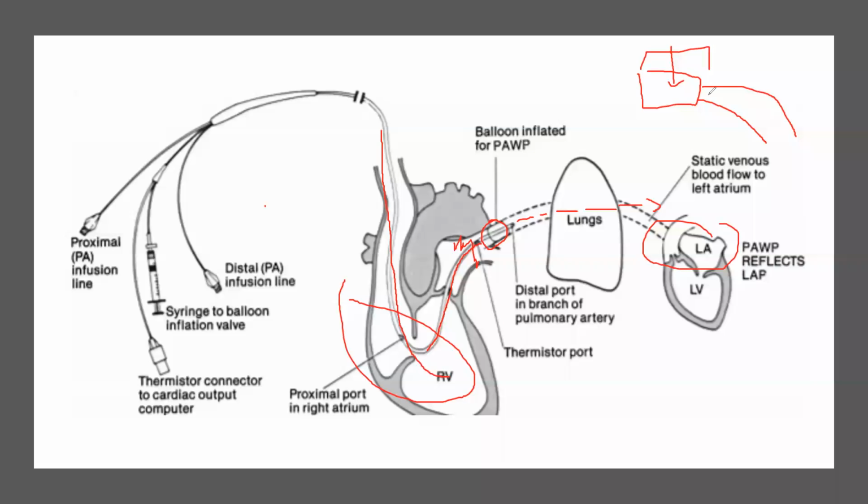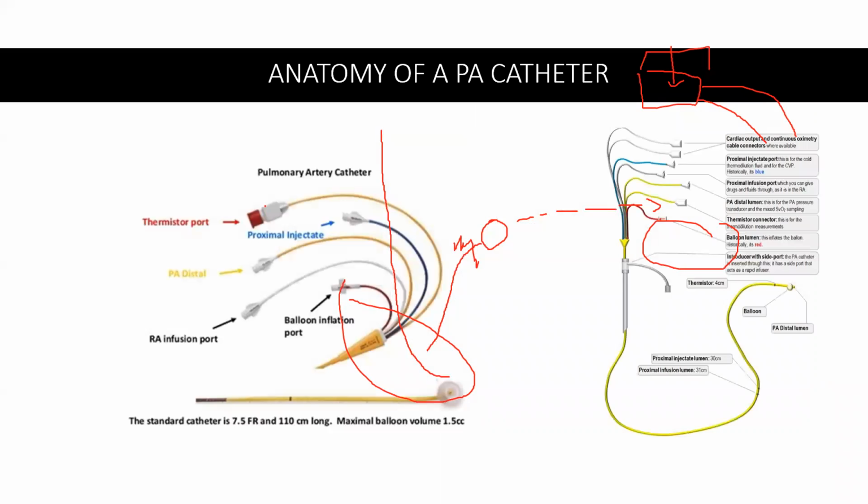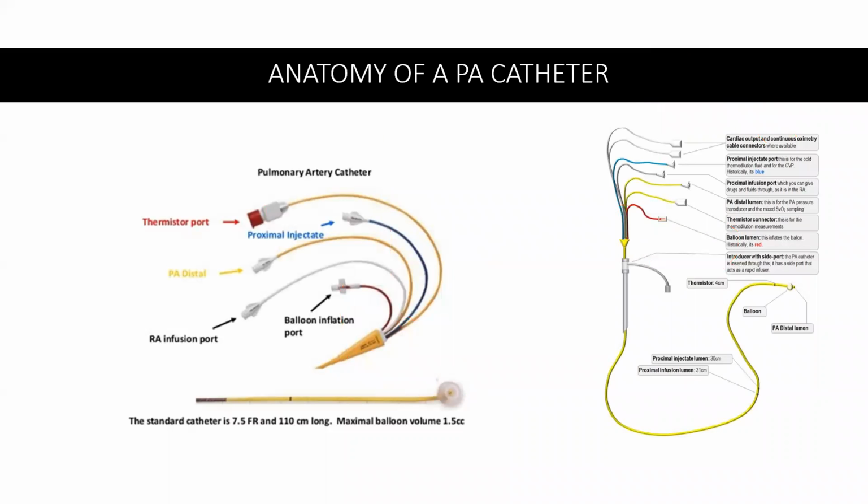All right, so I'd like to liken preload and afterload by the following example to drive the point across. Let's say that you are going to move into a new apartment, and now you're going to fill this truck with your furniture.